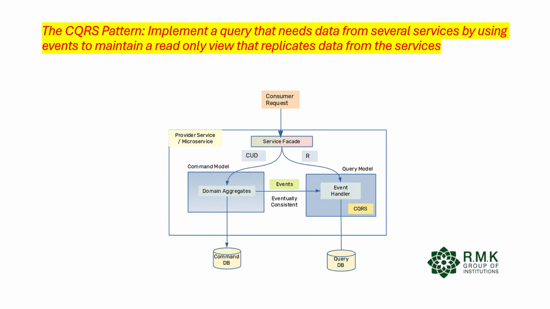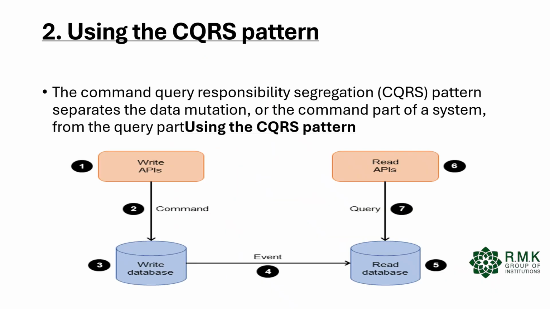The CQRS pattern implements a query that needs data from several services by using events to maintain a read-only view, which means we are maintaining a replication of the data, that is, duplicate data. In the CQRS pattern, we have two APIs: one is a write API and the other is a read API, with a write database and a read database.